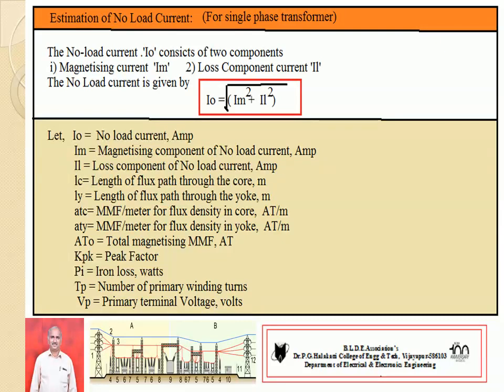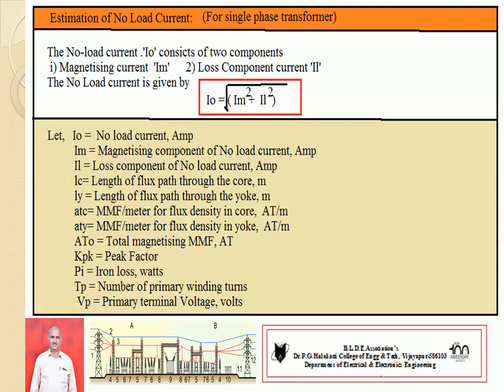Small at means mmf per meter. Here aty represents mmf per meter of yoke, in ampere turns per meter. Similarly, atc is mmf per meter in core, also in ampere turns per meter.